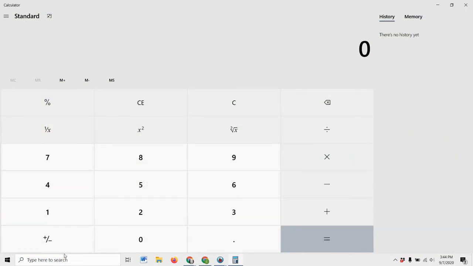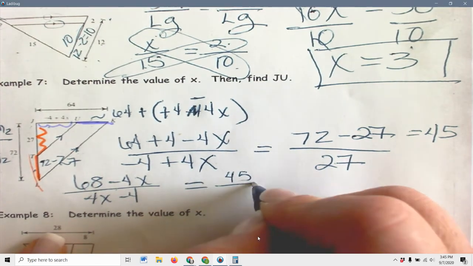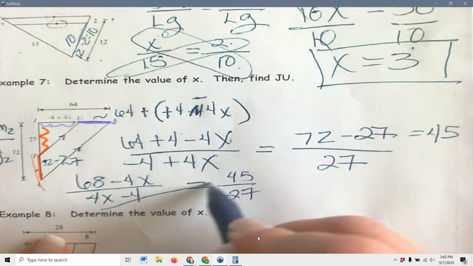So 72 minus 27, and that will equal 45. So we'll have 45 on the other side over 27. And we'll just cross multiply.